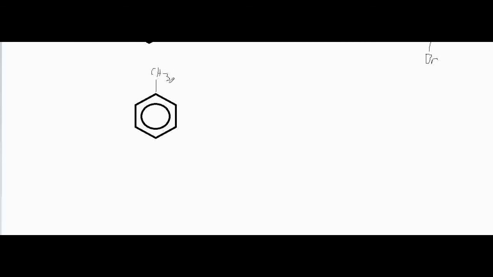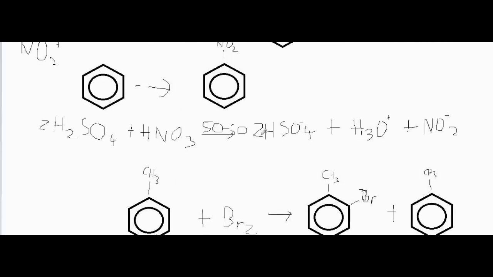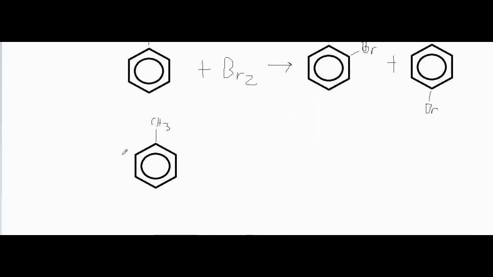The nitronium ion would once again be created in the same mixture as we had up here before, and we would react the methyl benzene with that mixture, and we would end up with the two forms as we had with the halogen.